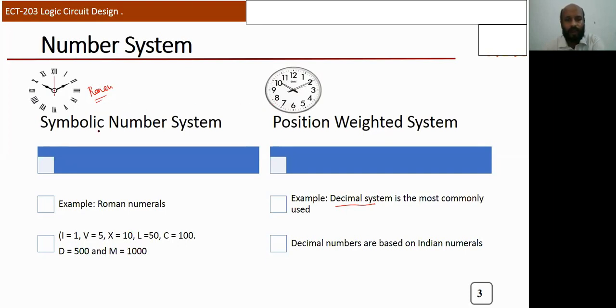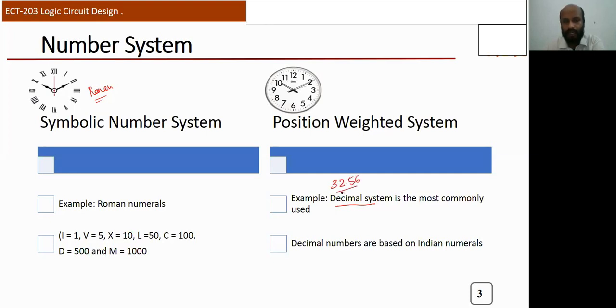But why are we limiting this Roman number system? In the ancient age, Romans were very powerful, but the number system used by Romans is not common, and I'll tell you one example. In the decimal number system, I need to represent a value like 3256.